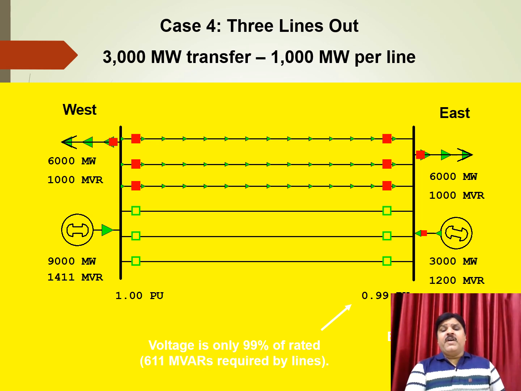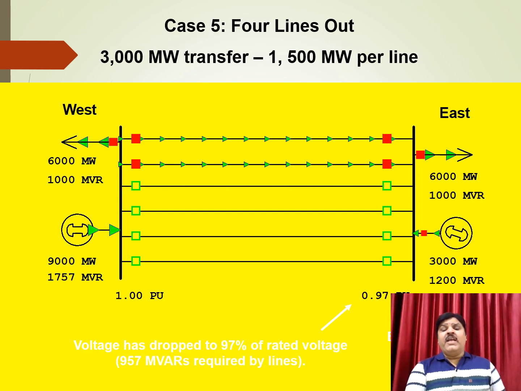Now the east bus voltage goes to 0.99 per unit, and the west bus is still at 1 per unit, but the reactive power demand increases, that is 1411 MVAR and 1200 MVAR, and the voltages will go down. Similarly, if we take one more line out, then there are only two lines, and we can see that the voltage will further reduce to 0.97 per unit, and the reactive power demand also increases.